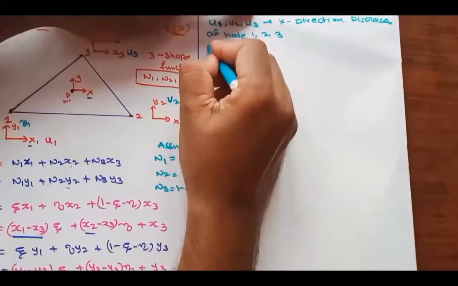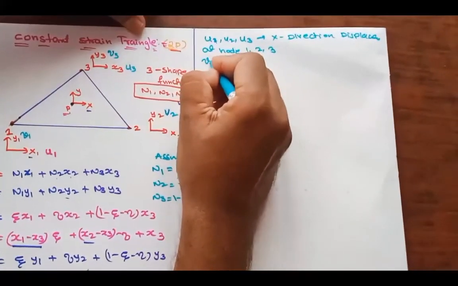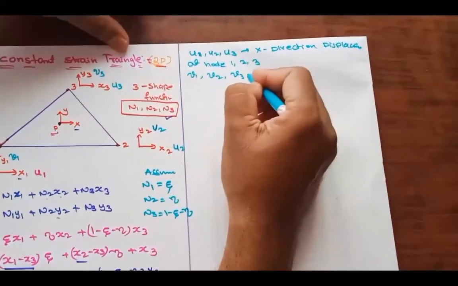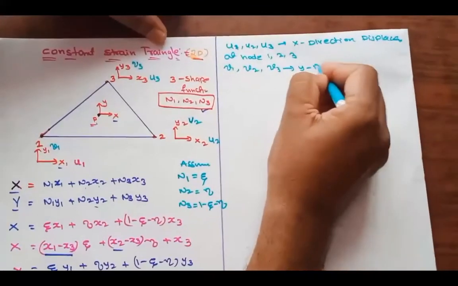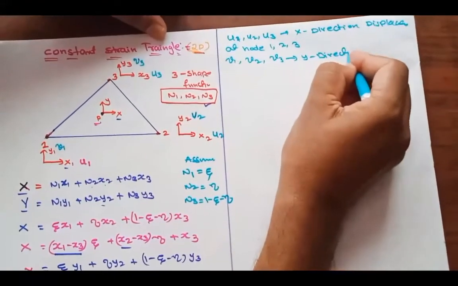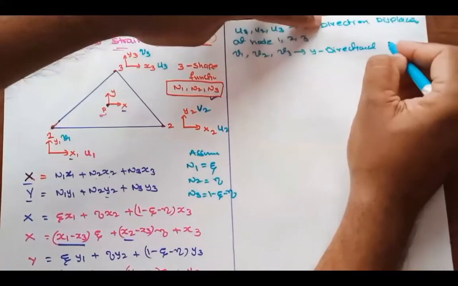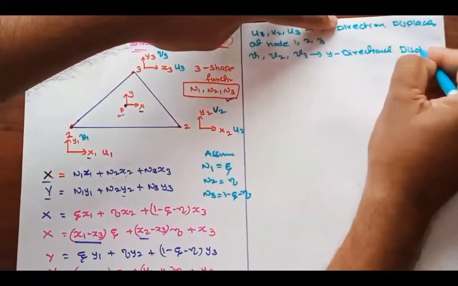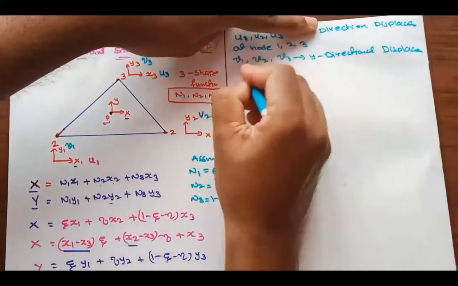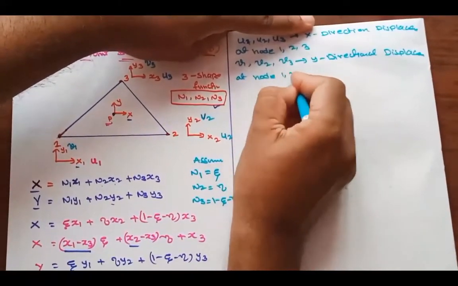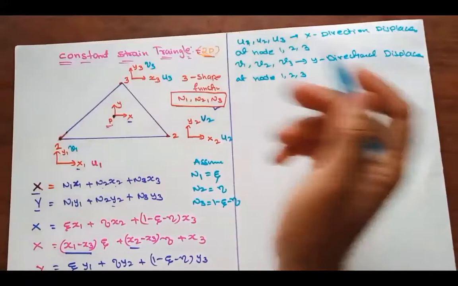Similarly, v1, v2, v3 are the y directional displacements at nodes 1, 2, 3. So this is a very important thing.